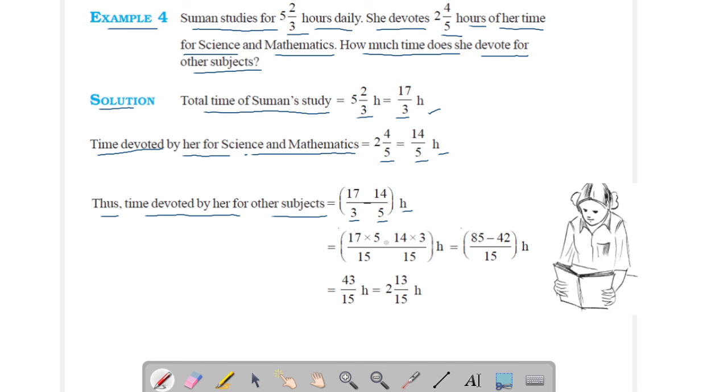Here the minus sign will come. Then take the second fraction, that is 14 upon 5. Again divide the LCM, that is 15, by 5, we will get 3. Multiply 14 upon 5 by 3. You will get 14 into 3 upon 5 into 3, that is 15.